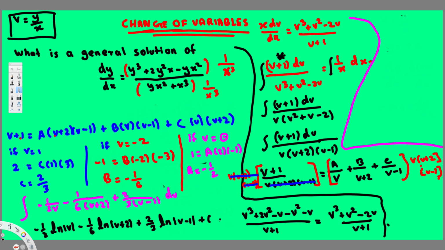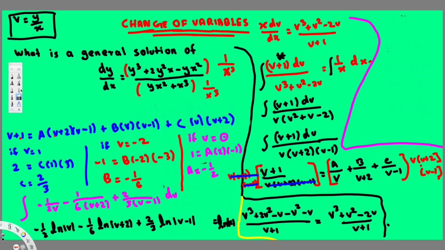Now the other side of the equation, we had 1 over x dx, that is ln absolute value of x. So this is equal to ln of x plus constant. Now let's get rid of this constant and put it together.